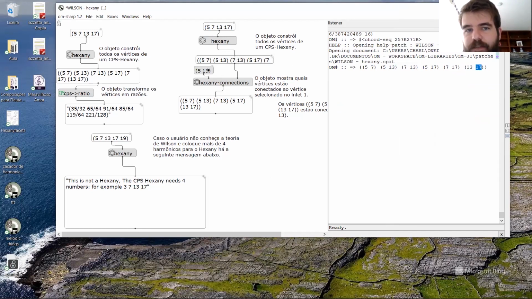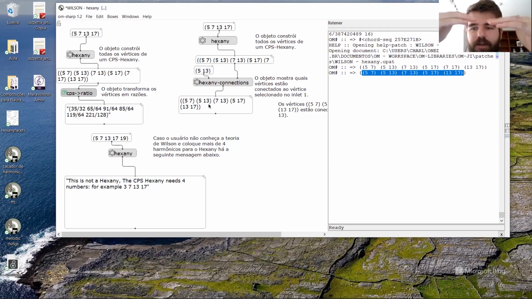For example, I take one of these vertices and put it here in the hexany connection, and it will tell me which harmonics are connected with this vertex. So here I have all the ratios that relate with this object, which are common fundamental harmonics. You understand it?